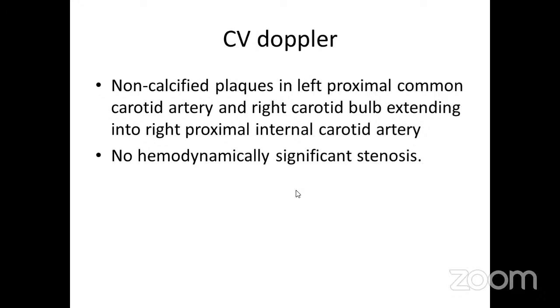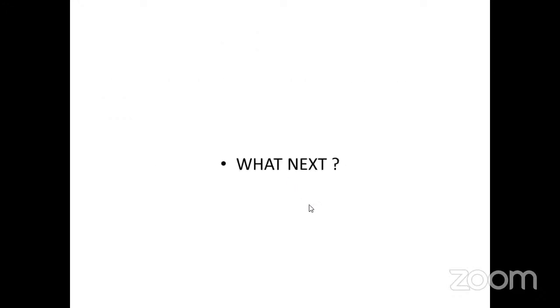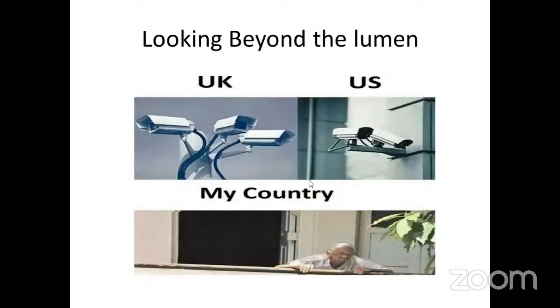In this scenario, what next is the question that comes to every neurologist, radiologist, or interventionist evaluating the cause of stroke. There is a scenario now where we have to look beyond the lumen.